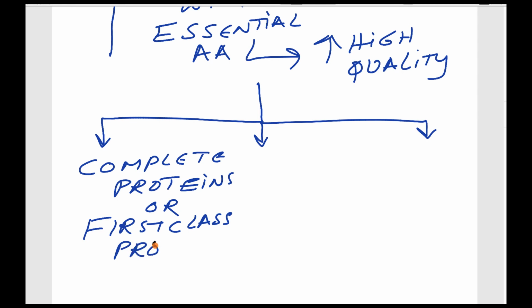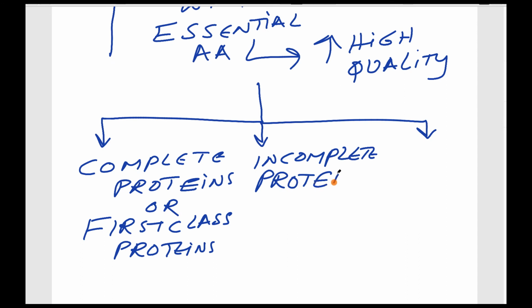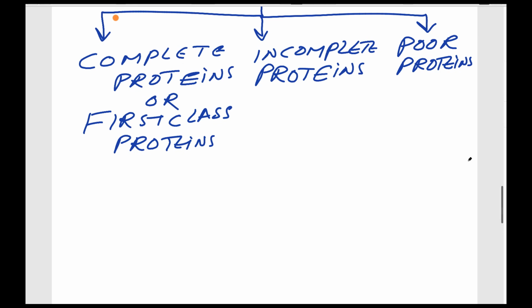The second one is incomplete proteins. The third one is poor quality proteins.